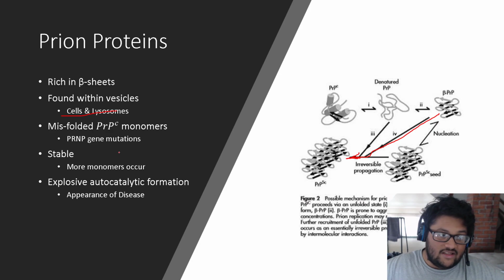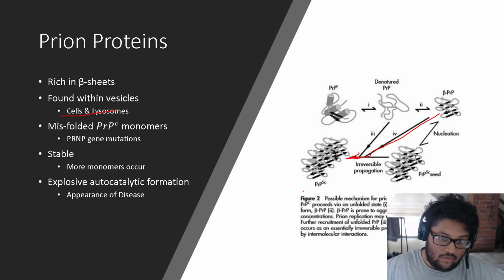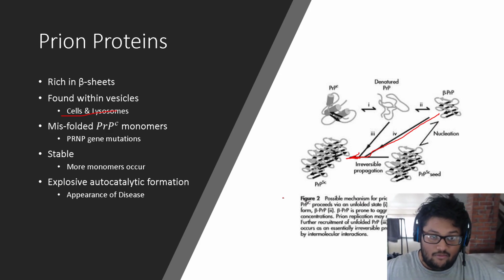CJD specifically, there is a gene mutation in the PRNP gene, which I'll talk about in the next slide. It's basically a misfolded PrPC monomer that turns into this PrP-Sc. This molecule is actually more stable due to the fact that there are more monomers available, so there are many more bondings occurring, hydrogen bonding, LDF, and so on.